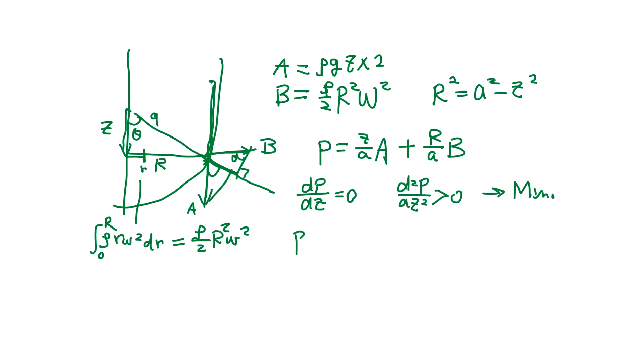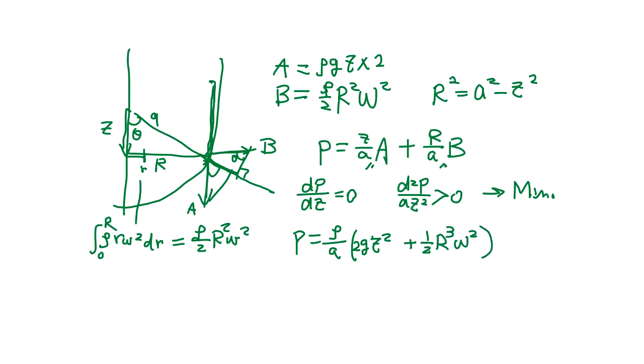Okay, so the P has a common factor A, this is common. So rho g z square plus we multiply R, 1 over 2 R third omega second.